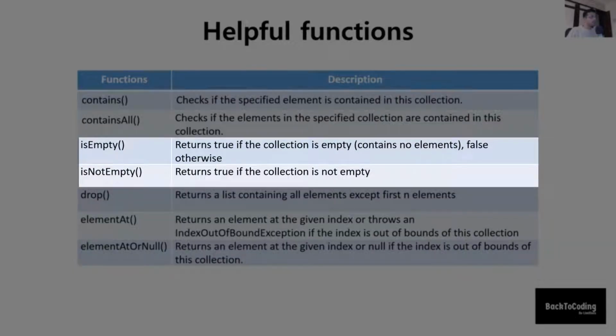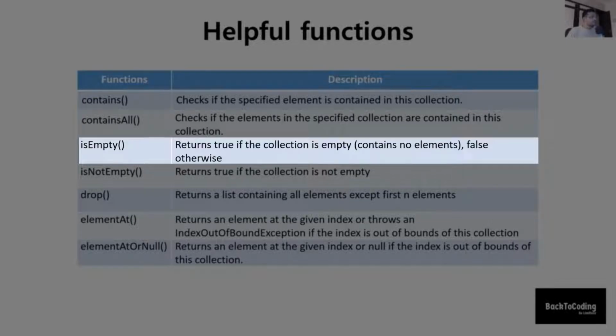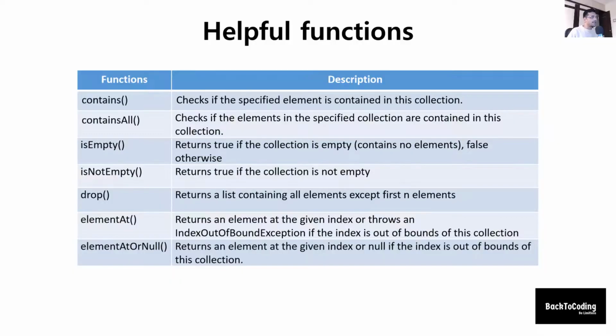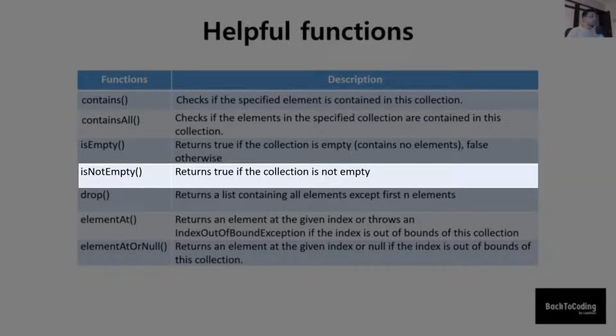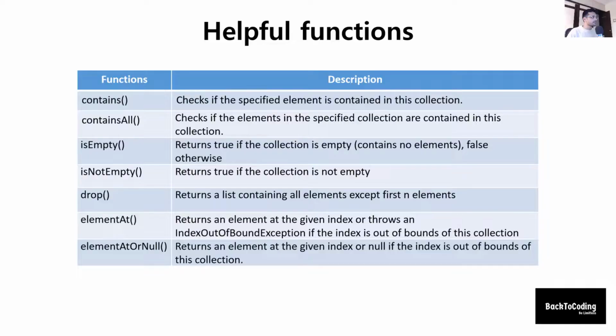isEmpty and isNotEmpty functions are completely opposite of each other. isEmpty function checks if the current set doesn't have any elements in it. That is, if it is empty, then it returns true, else it returns false. And isNotEmpty, as you might have guessed, returns true if it is not empty, else it returns false.